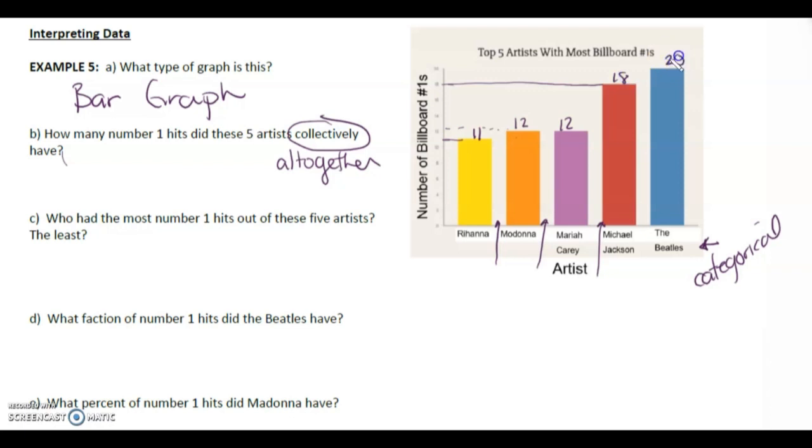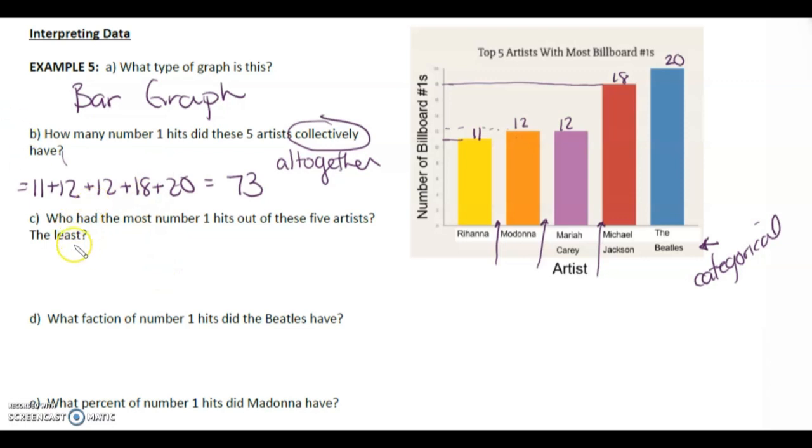And the Beatles are going to have 20. So altogether, we would do 11 plus 12 plus 12 plus 18 plus 20. Right? Altogether just means add them all up. So we get altogether 73, I believe. 2, 3, 4, 5, 6, 73. Yep.